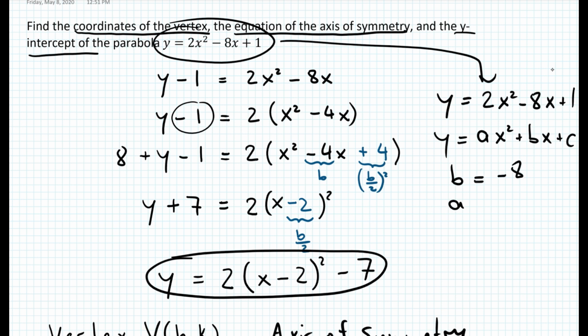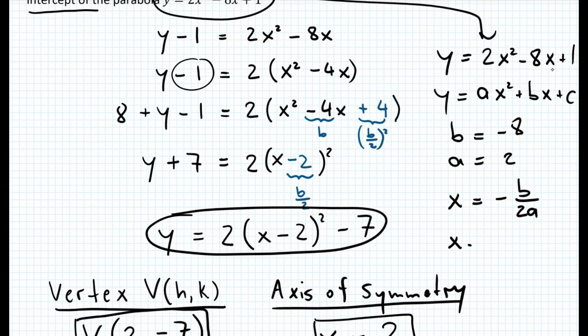We know that the a value is equal to 2. So if we want to find the axis of symmetry, x is equal to negative b over 2a. So that means that x is equal to negative, and then we have a negative 8 here in the numerator, divided by 2 times 2. Now, if you do the math, you actually end up with 2, and that is the axis of symmetry, okay?